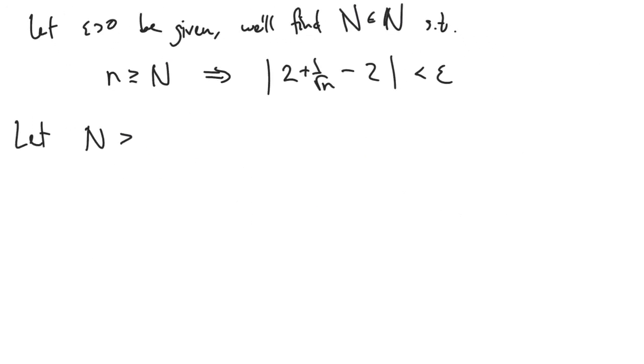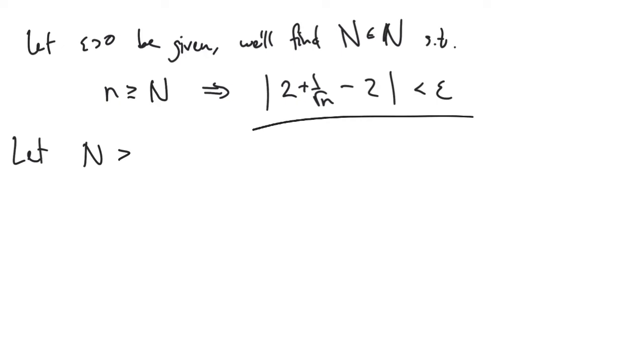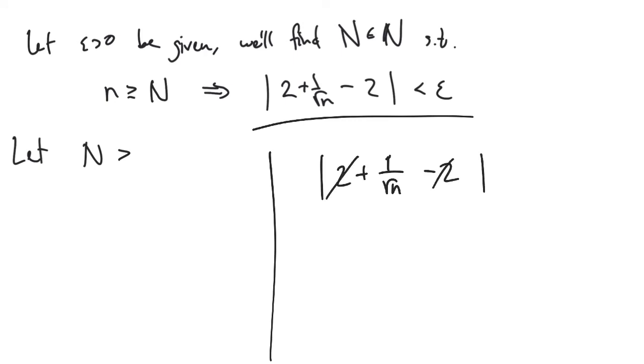The work that you do on the side here to simplify this thing: the absolute value of 2 plus 1 over root n minus 2. First of all, you can just cancel the 2's, and I get 1 over root n, which is positive, so I can forget the absolute values. Can't root n be positive or negative? No. That's a good thing to mention. When I say root n, I mean the positive.